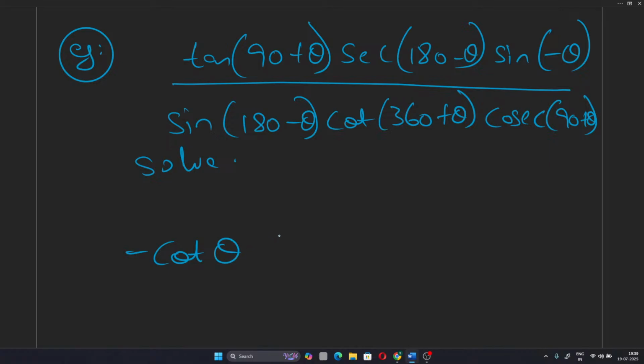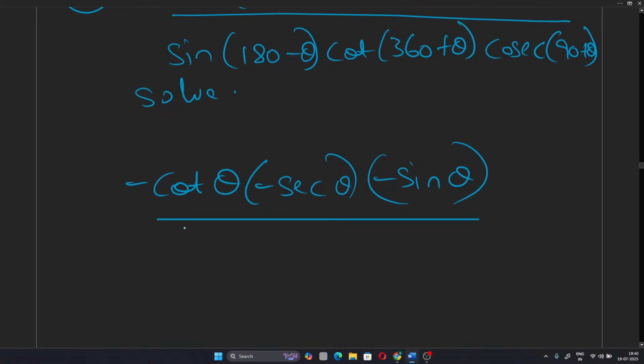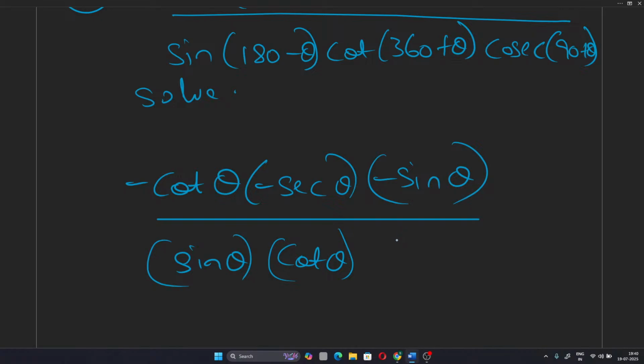Secant 180 minus theta in the second quadrant will be negative, so minus secant theta, and sine minus theta is minus sine theta, by sine 180 minus theta, which is sine theta since it is in the second quadrant, and cot 360 plus theta is cot theta, by cosecant 90 plus theta in the second quadrant. 90 will change but it will remain positive.